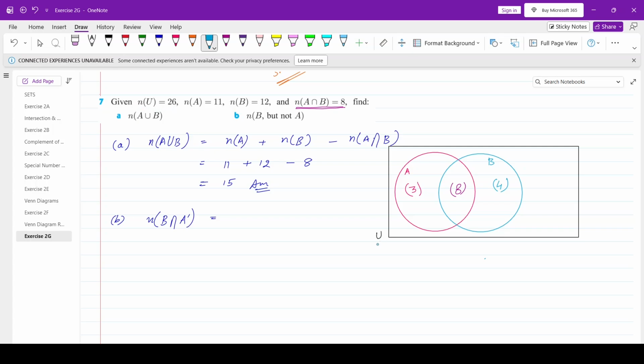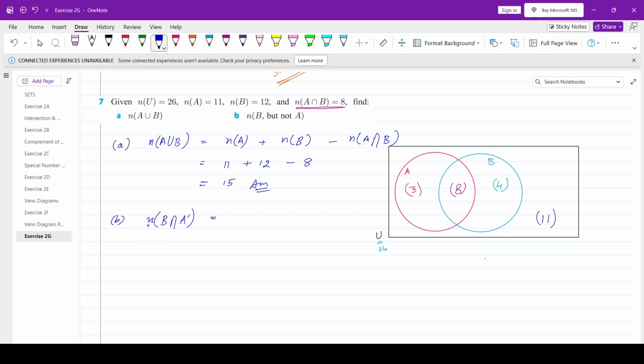Out of those 26 we have already written 8 plus 4, that is 12, plus 3, that is 15. So 15 elements we have already written and 11 are remaining. Therefore, this region will be 11 elements.